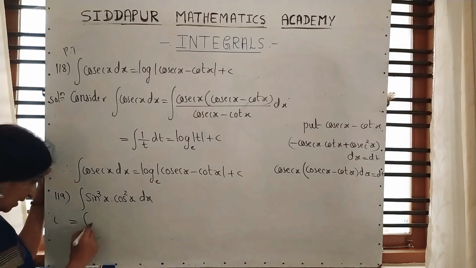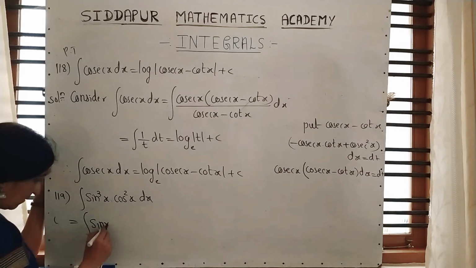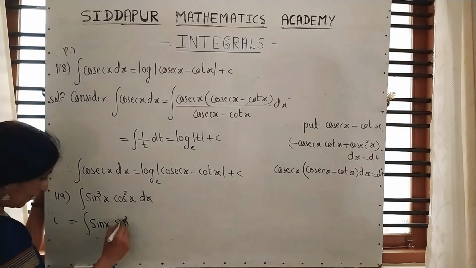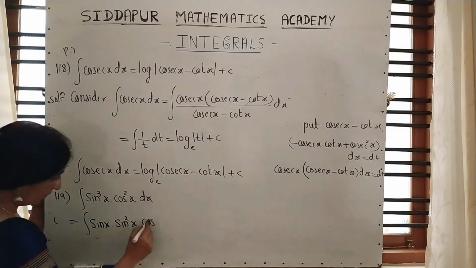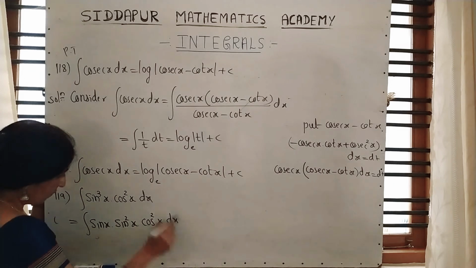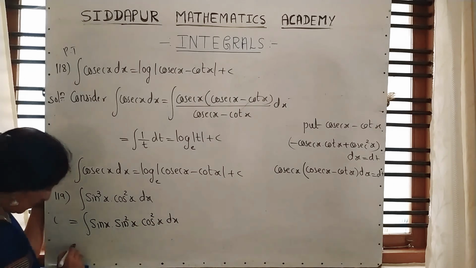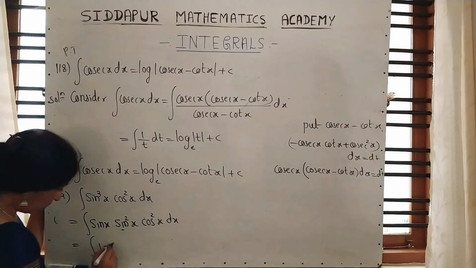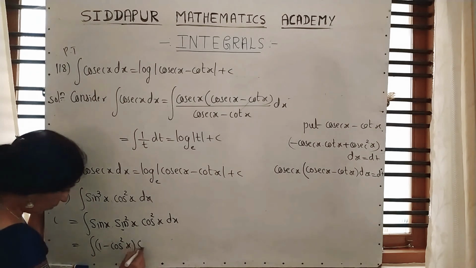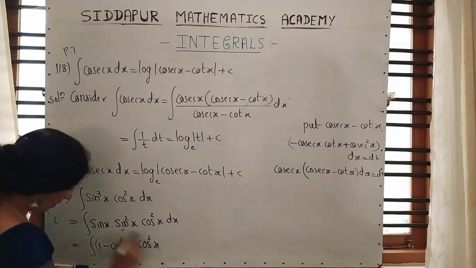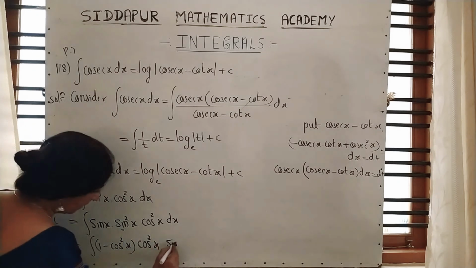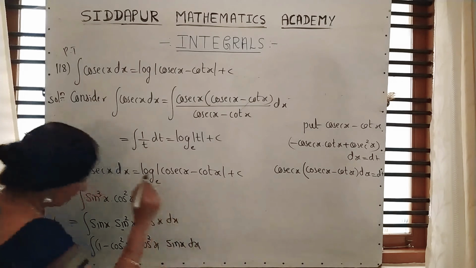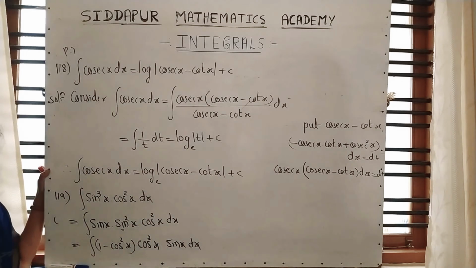I am just writing like this: sin x, sin square x, cos square x, and again I am rearranging. This sin square x I am writing as 1 minus cos square x. This cos square x I kept as it is, and this sin x I am writing here just for our convenience. At least now you got the idea?